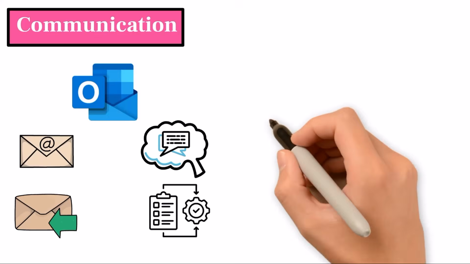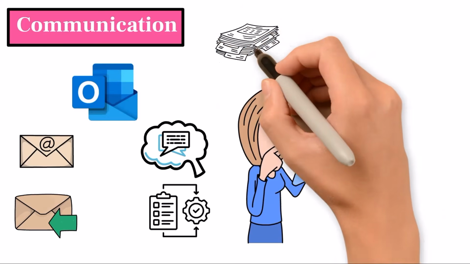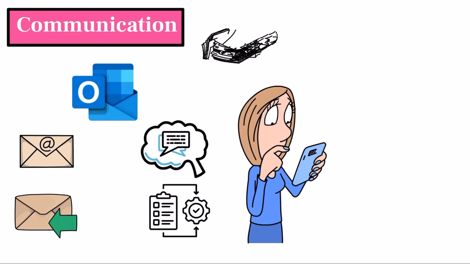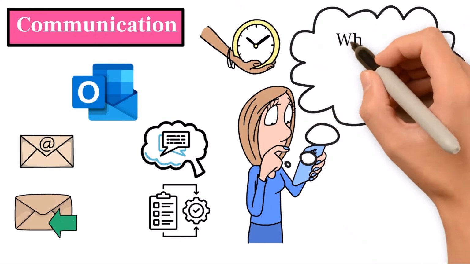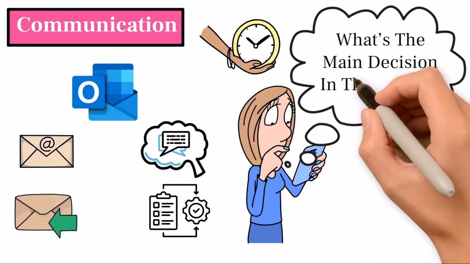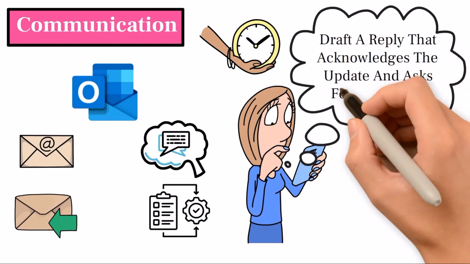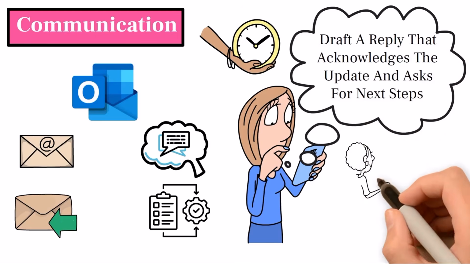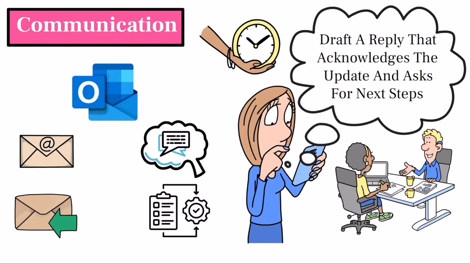If you've ever opened up your inbox and felt overwhelmed by a wall of text, Copilot can help you cut through it in seconds. You can ask it questions like, "What is the main decision in this thread?" Or draft a reply that acknowledges the update and asks for next steps. It's like having a personal communications assistant who never gets tired.